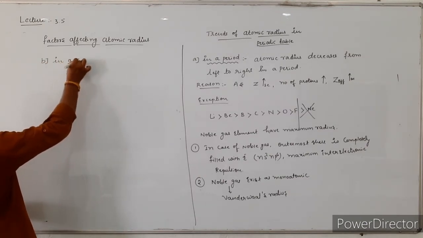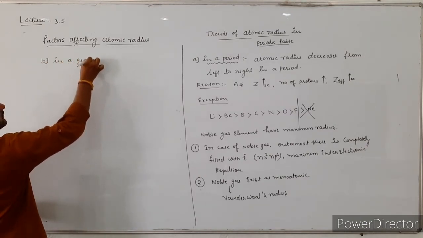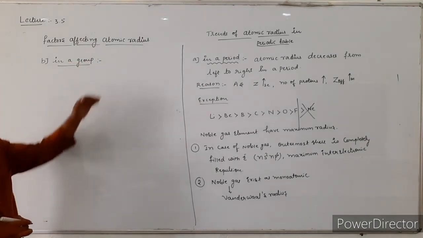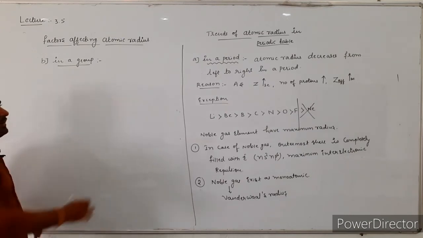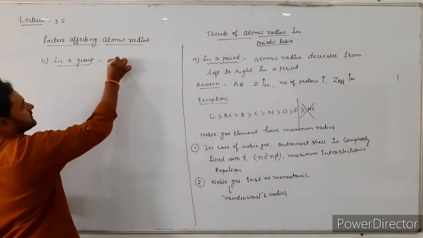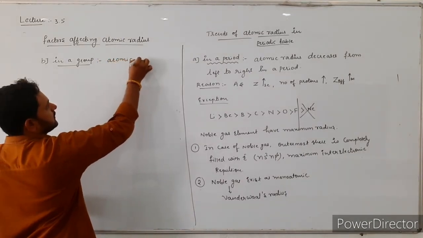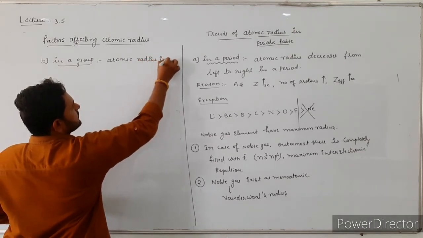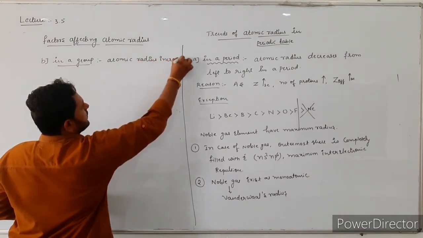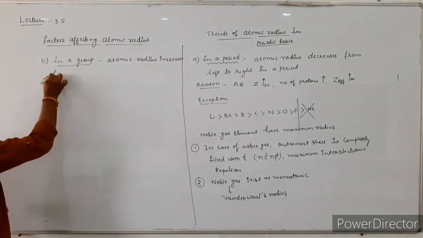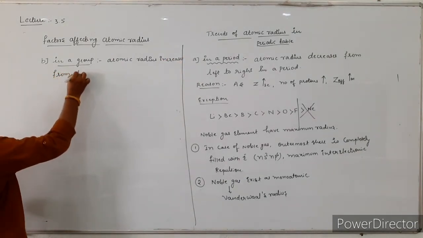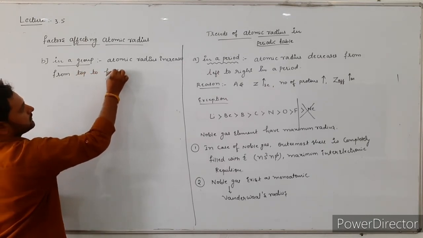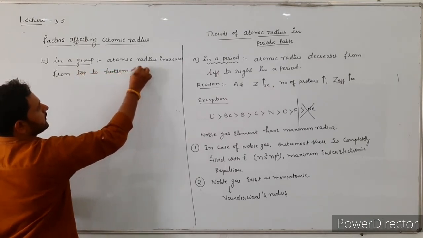In a group, atomic radius increases from top to bottom in the periodic table. Atomic radius increases from top to bottom, in a group.